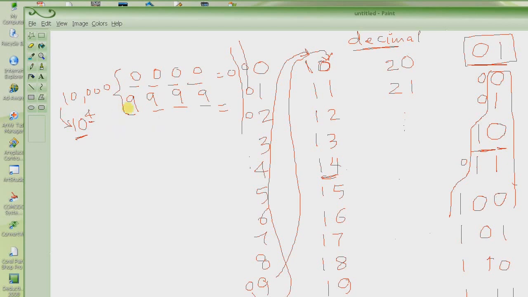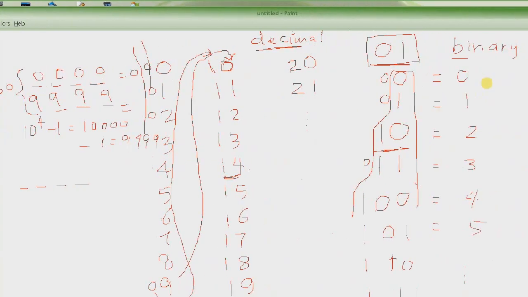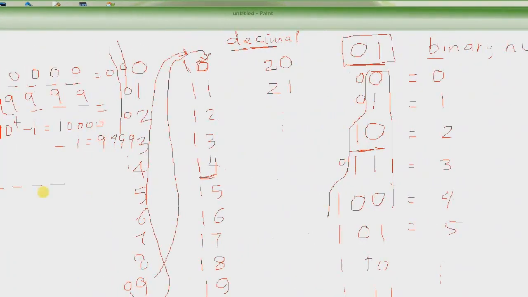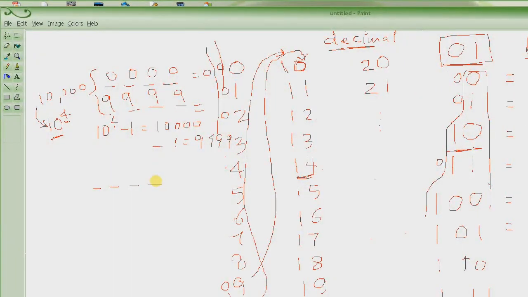The largest number is 10 to the power 4 minus 1, which is 10,000 minus 1, which is 9999. And if you extend this concept, suppose I have four binary places, in other words, I can put a 0 here or a 1 here.